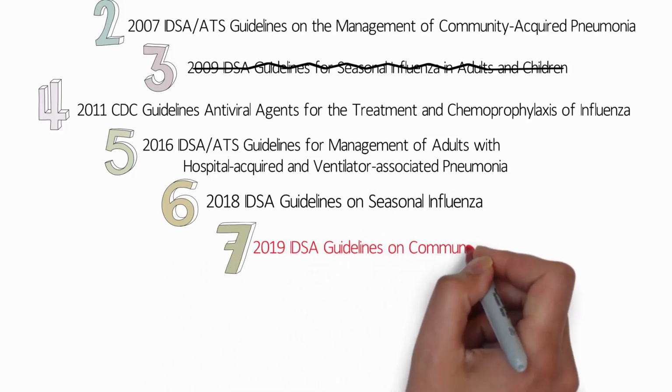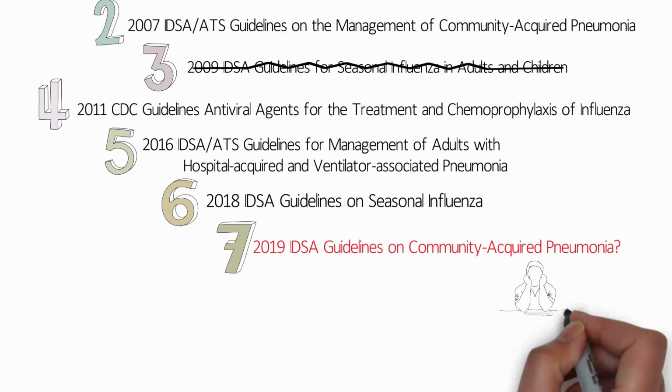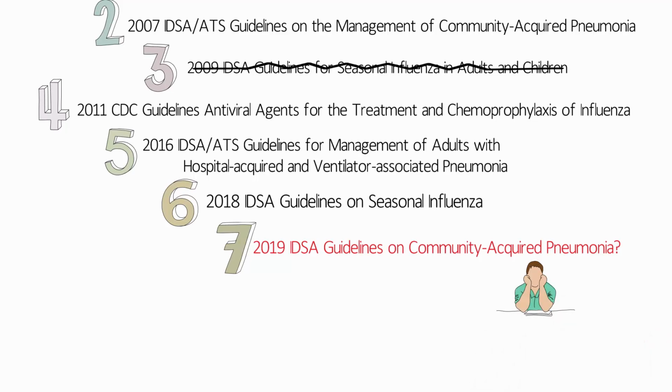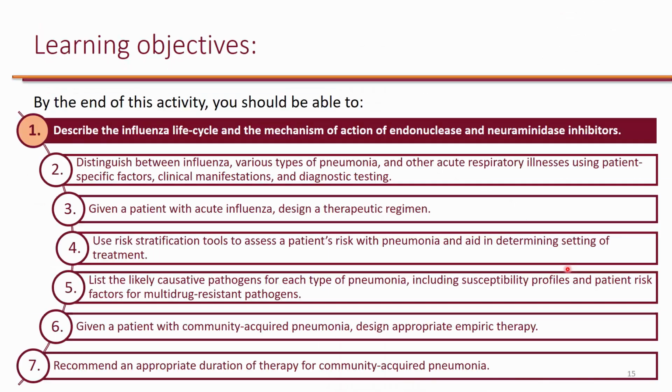And lastly, there is the 2019 IDSA guideline on community-acquired pneumonia that's been under development for a few years now. We'll see if these guidelines will actually be released this year. The first learning objective is to describe the influenza life cycle and the mechanism of action of endonuclease and neuraminidase inhibitors.